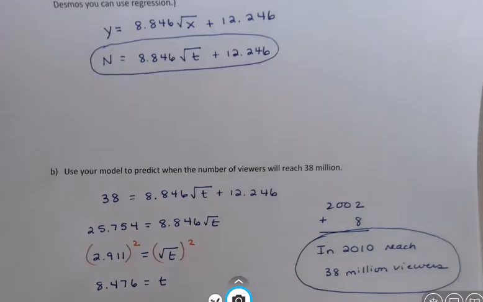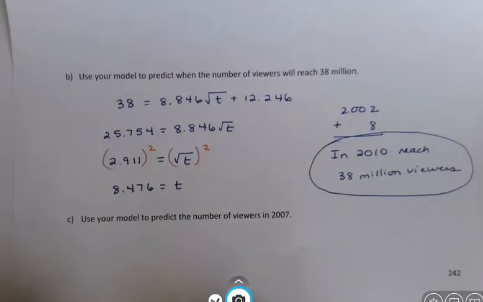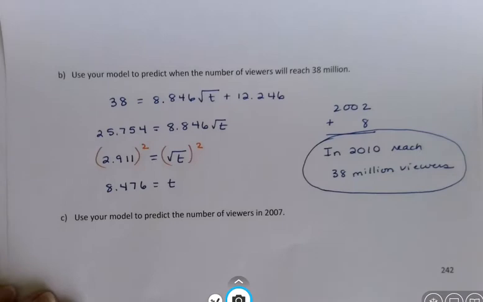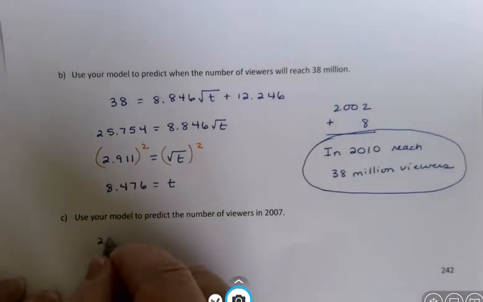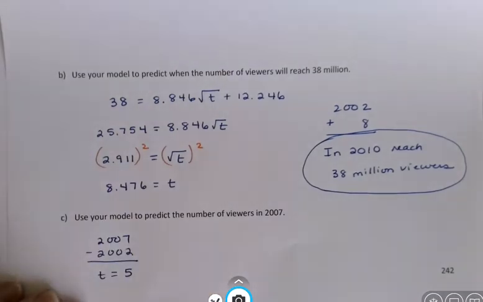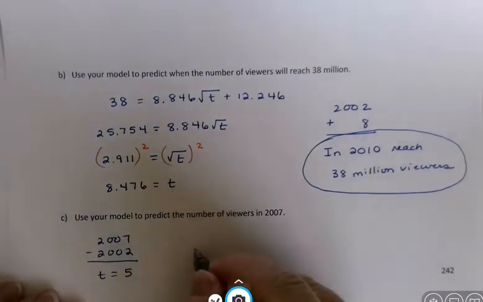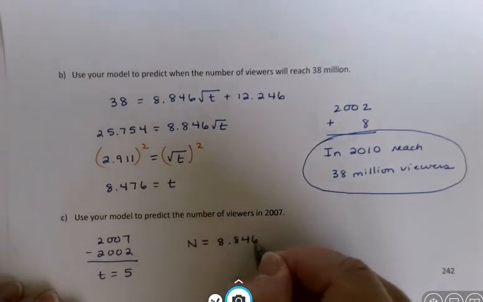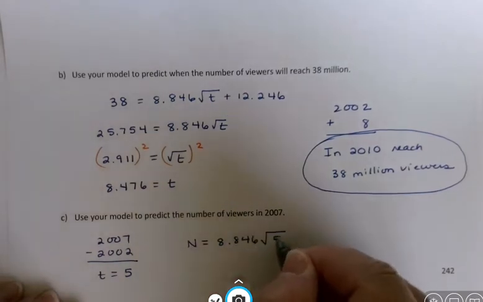All right, the last question was to use the model to predict the number of viewers in 2007. So again, remember 2002 was our starting year. So that's just going to give us a t-value of 5. So I'm just going to say n equals 8.846, and I'll plug in 5 for the t-value.